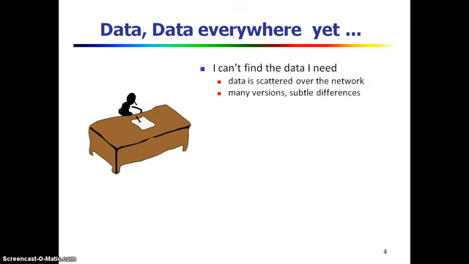Data is everywhere. Whenever these questions are asked, the subordinates of this division will try to identify the various data, and they might find data everywhere. But I can't find the data I need, because the data is scattered over the network and has various versions.